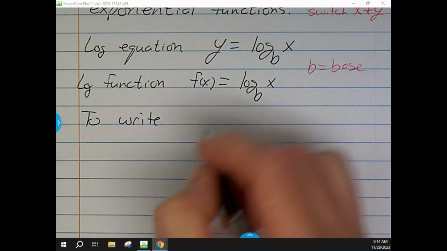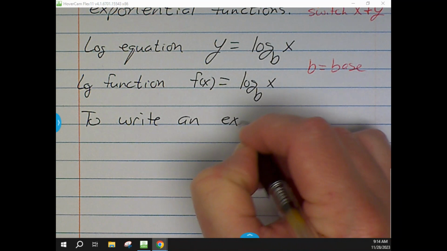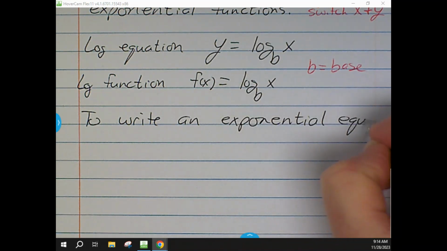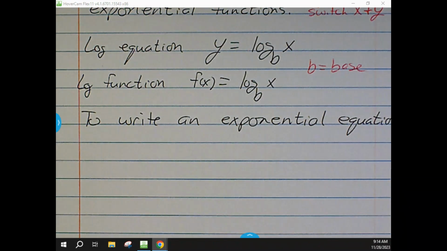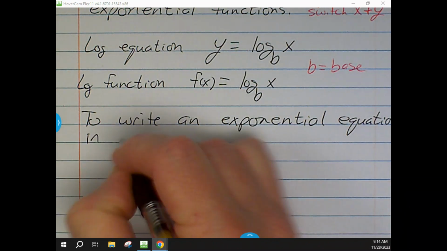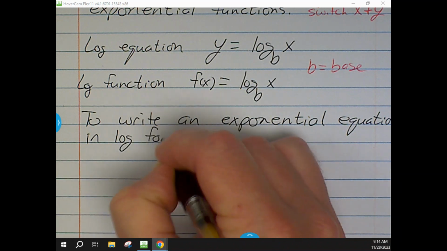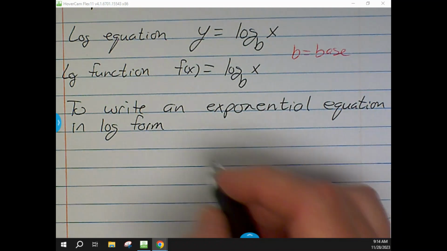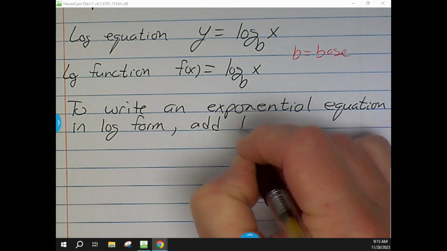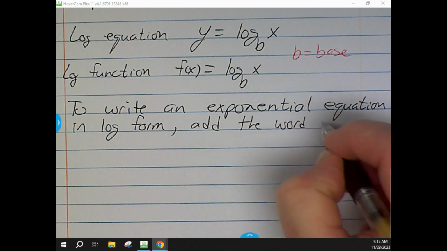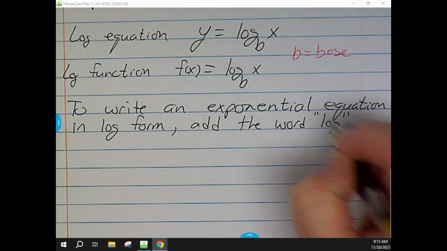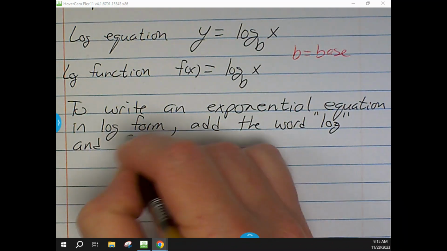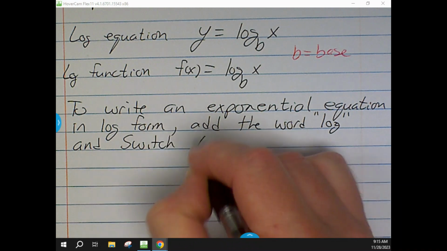Okay, and to write an exponential equation in log form, you basically just add the word log and then you switch x and y.